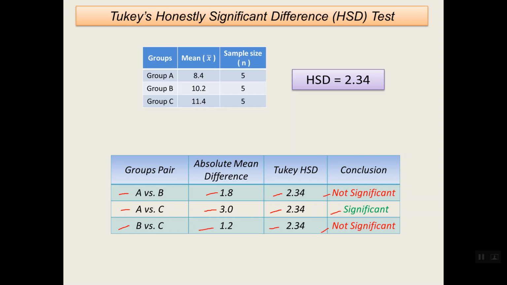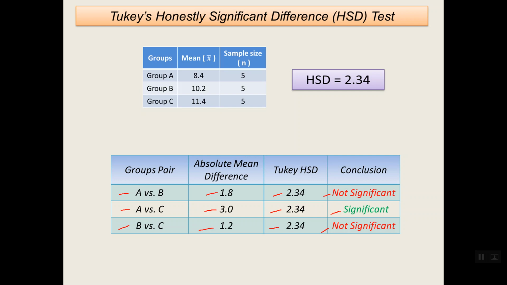So this is the way how to calculate the value of HSD and make a conclusion regarding the means, which means have significant differences and which means don't. So in order to make a summary regarding the Tukey HSD, we say that Tukey HSD is very simple in calculation.